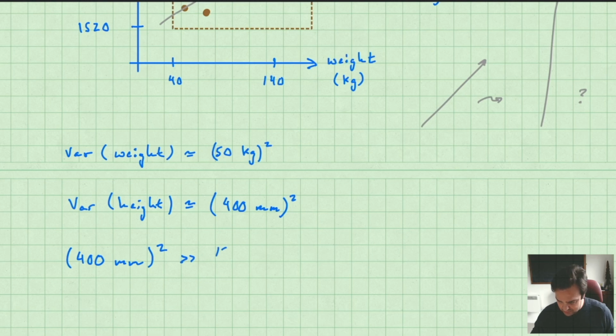So in this case, up above we had a different result, but now 400 millimeters squared is much bigger than 50 kilograms squared. And so P1 is approximately or closer to height than it is to weight.